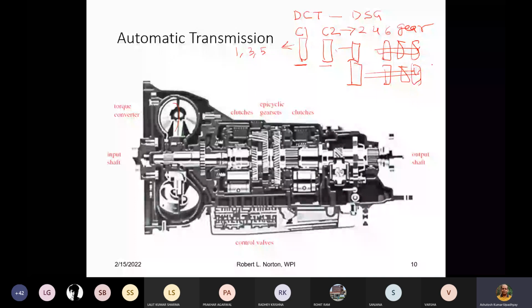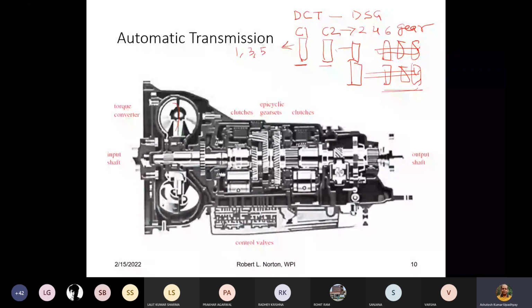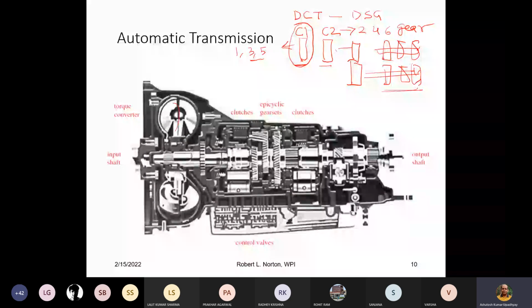Now there is always a constant mesh between these gears. So what will happen? Let me say you are in gear number 3, so C1 will be engaged, and the clutch will be transmitting the power through gear number 3.